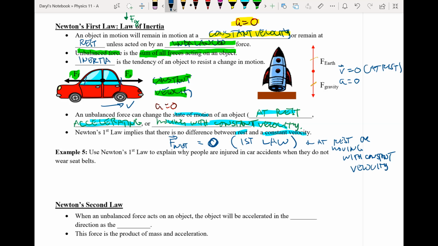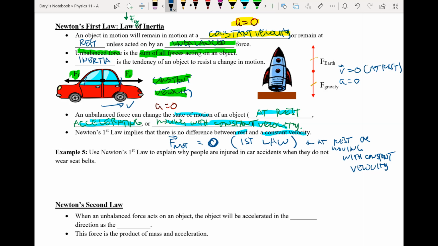So automatically, if the object is at rest, the net force, or the sum of all the forces acting on it, would be equal to 0. Just like in the previous example, you have the rocket at rest lying on top of the Earth's surface, and you have the car moving with a constant velocity.